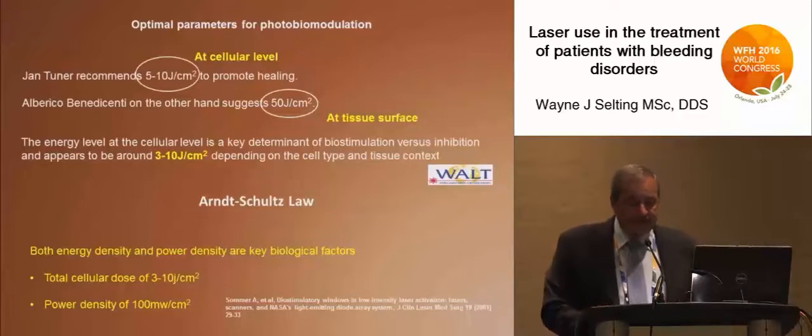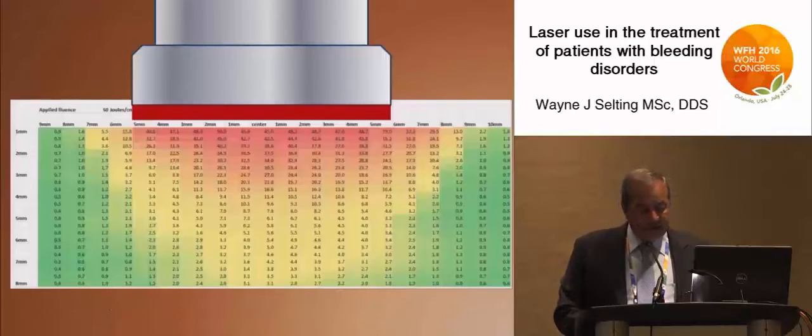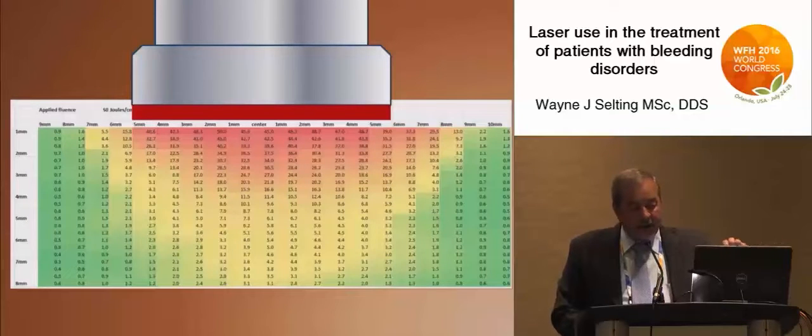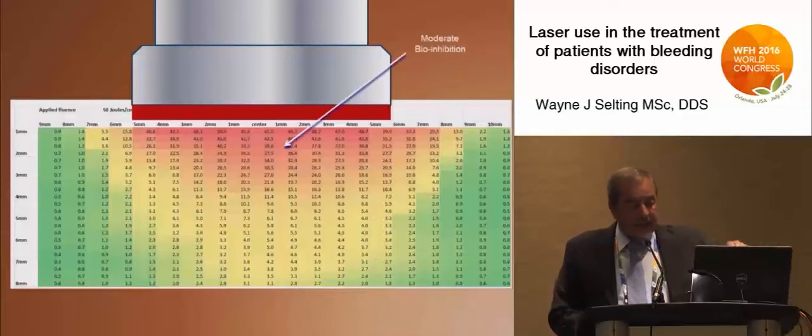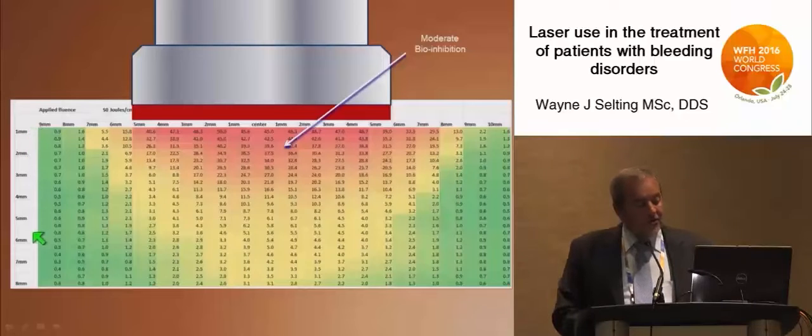This has been, as I said, 1,500 papers. That's where we come to. So that's what we're talking about right here. This is a study I've done. Here is an energy dispensing diode laser. The energy comes into the tissue. Here's the surface, and as you go deeper and deeper into the tissue, you start with 50 joules per centimeter squared, and that's too much.